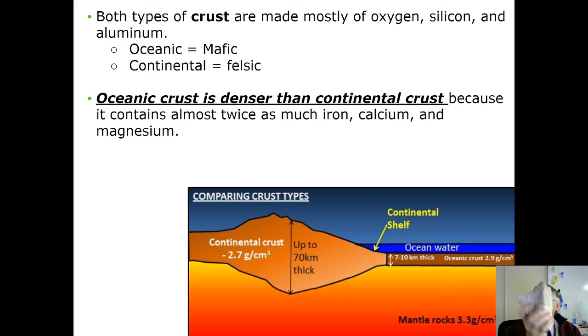Continental crust is going to be felsic, more feldspar, less dense and lighter in color. So we have oceanic crust, mafic, dark, and dense, and continental crust, felsic, lighter colored, and less dense.